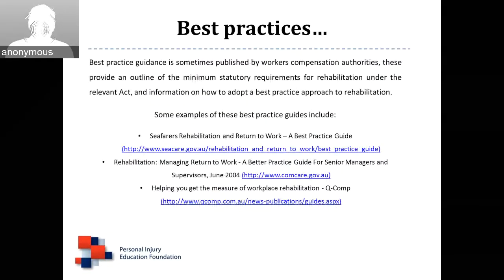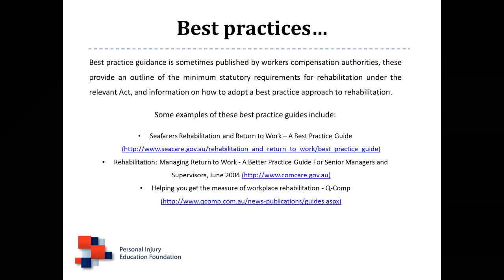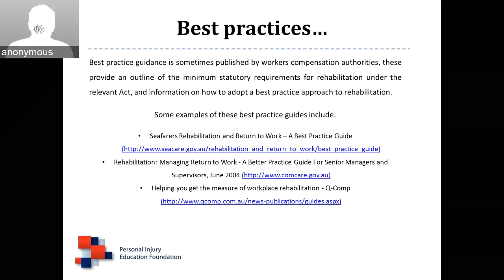Some examples of best practice guides can be found across the nation. For example, there's a guide published by Seafarers Rehabilitation and Return to Work, which is a best practice guide that can be found at comcare.gov.au.